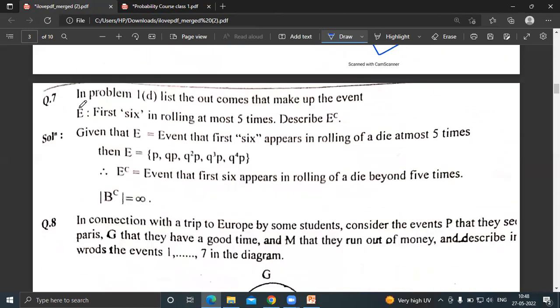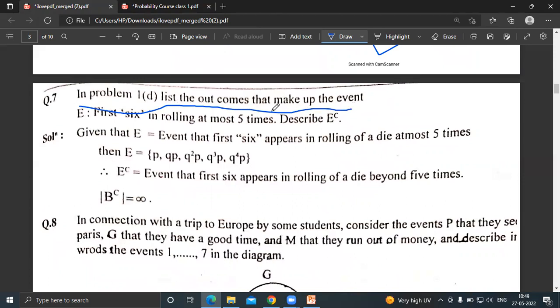Then another question, in problem 1D, list out the outcomes that make up the event. E is the first 6 in rolling at most 5 times. Describe E complement. In the above portion in 1D, how many times we have to toss the coin, we don't know.